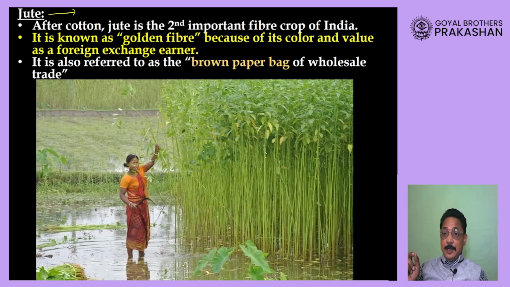Moreover, the color of this jute fiber is yellowish. Because its color is yellowish or golden, and because we earn a lot of income from exporting this crop, for us it is a golden fiber.